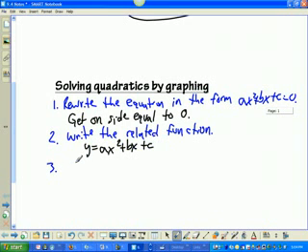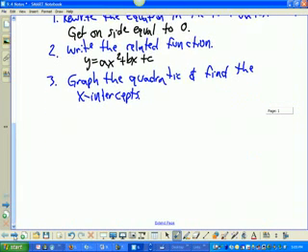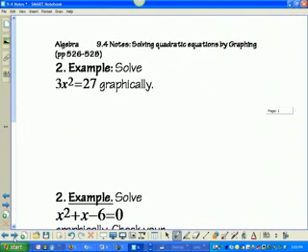Step 3, graph, either with technology or by hand, the quadratic, and find the x-intercepts. Remember, the x-intercepts are your solutions. So let's do a problem like that.